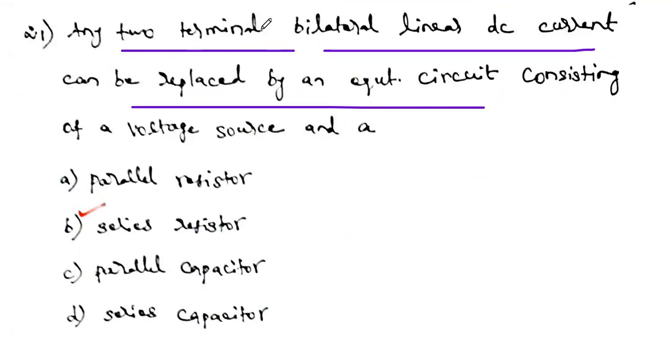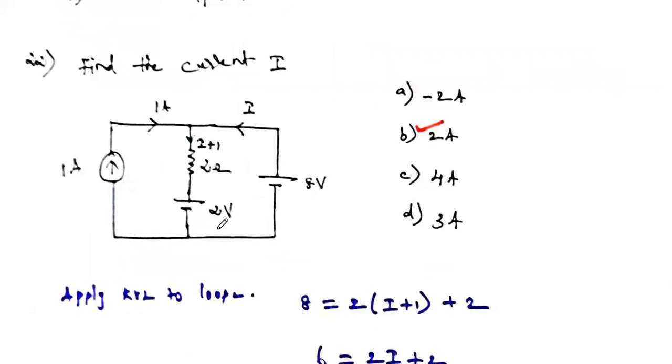It can be replaced by an equivalent circuit consisting of a voltage source in series with a resistor. We already studied current source to voltage source transformation and voltage source to current source transformation. Any current source in parallel with a resistance we can replace with a voltage source in series with the resistor. So that is the concept here.